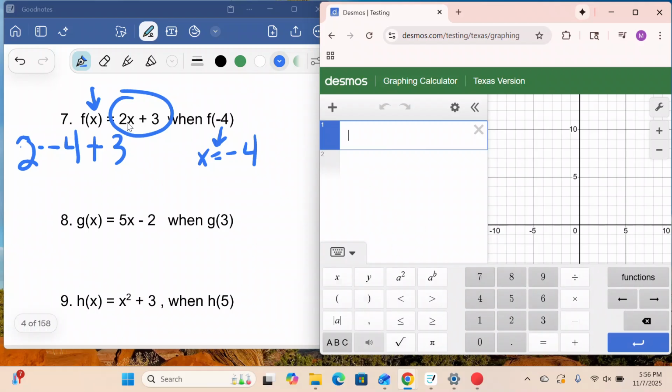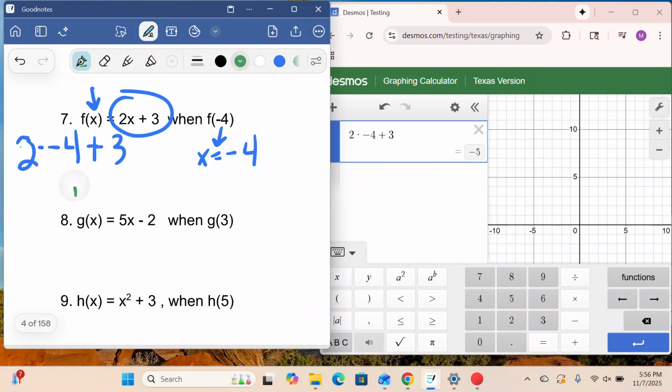You're going to go ahead and type in right here 2 times x, which is negative 4, and you just type it into the Desmos, and then you go plus 3. And the answer is the answer to your function. So the function of, and I will write it in green, f of negative 4 is equal to negative 5.